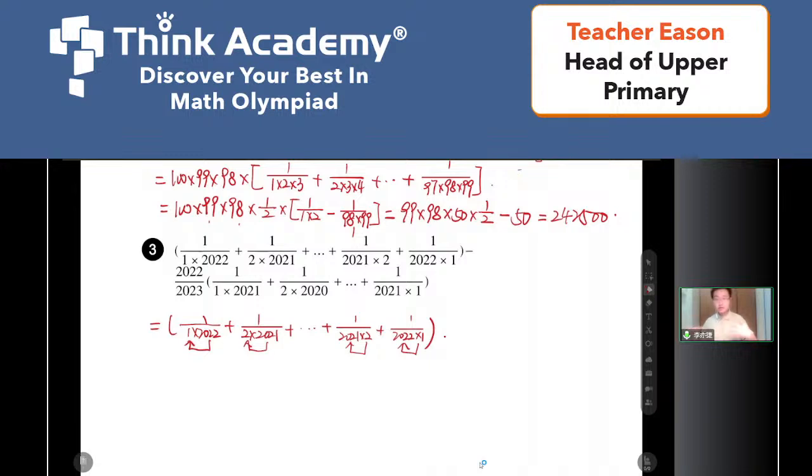So if we want to do the splitting term, we can turn it into either the sum or the difference. It depends on whether the difference or the sum in the denominator is the same. So in this case, which is the same? The sum is the same, right? So we can turn the numerator into their sum. The sum, which is 2023, so I make it into 2023, 2023, and then 2023.